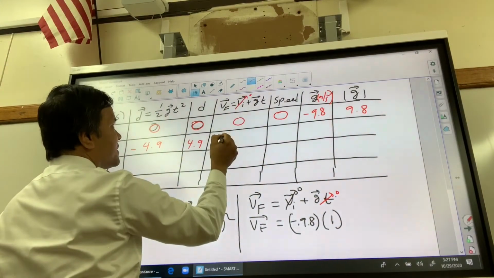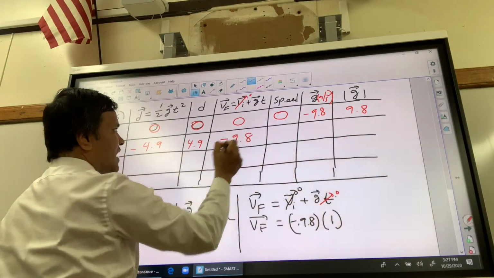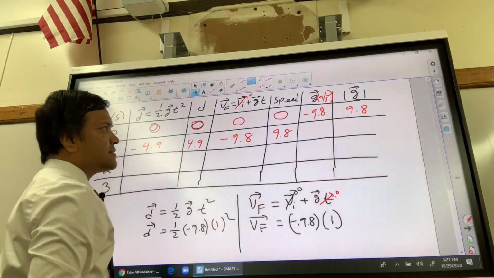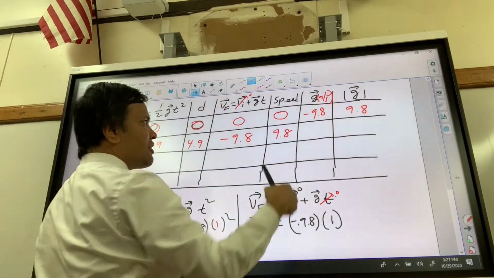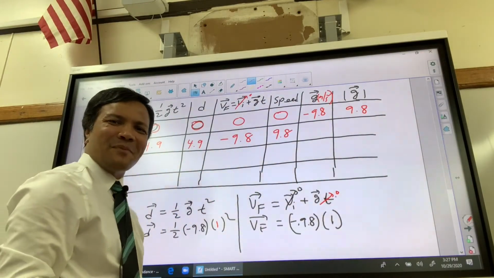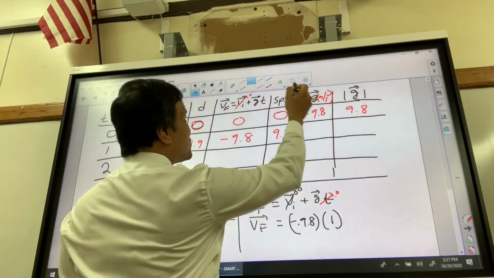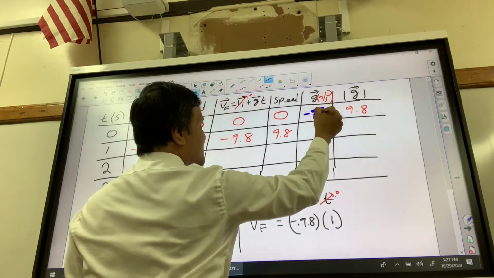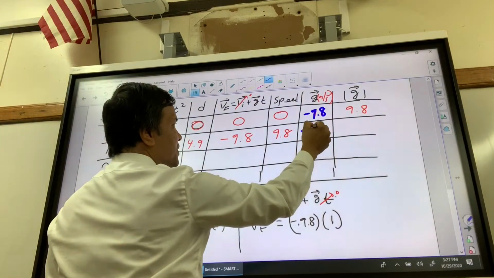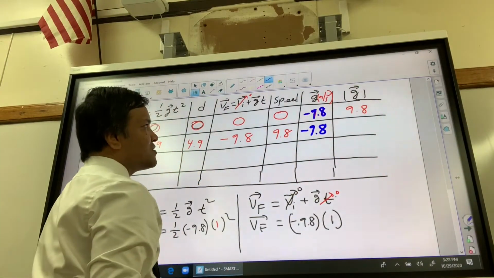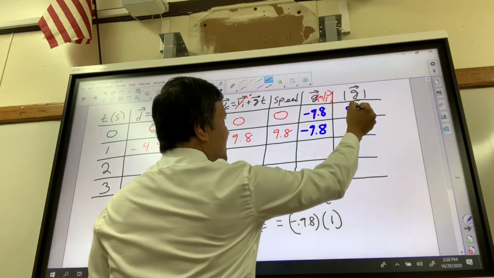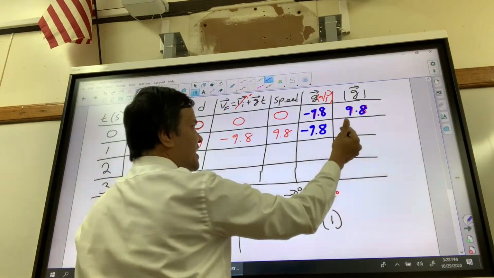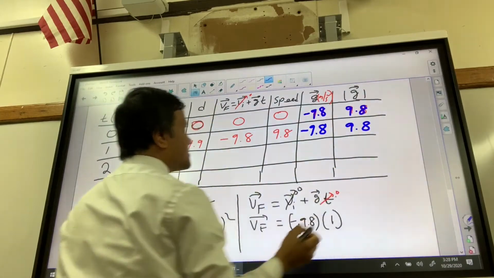The absolute value of negative 9.8 is of course 9.8. Acceleration due to gravity is still negative 9.8, and its magnitude is just 9.8.